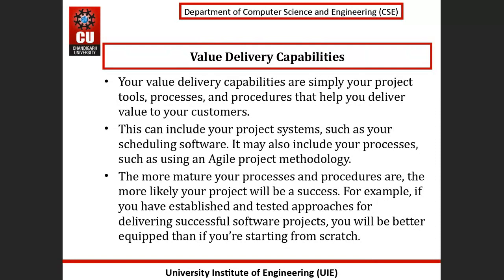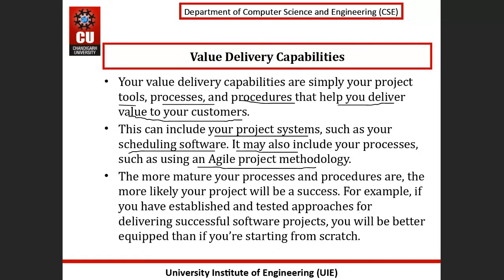Your value delivery capabilities are simply your tools, project tools, processes, and procedures that help you deliver value to your customer. This can include your project systems such as your scheduling software. It may also include your processes such as using an agile project methodology.